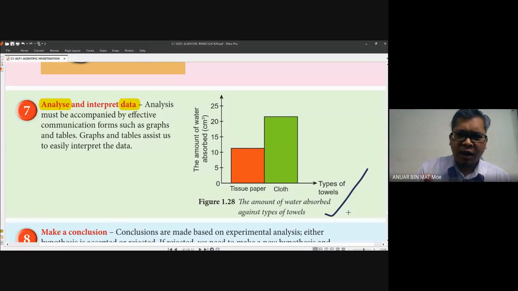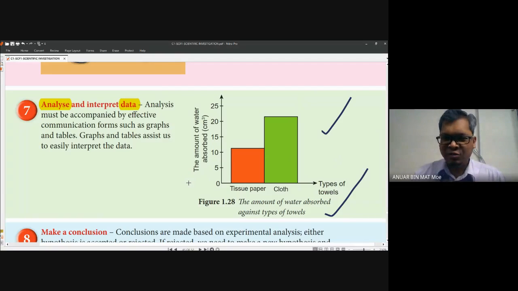There are many types of graph. There are line graph, there are bar chart, and inside here, figure 1.28, this one is the bar chart. Okay, I think you already learned this in primary school, because the evidence or the data you have recorded, you must be able to convert it into a diagram such as the bar chart or the graph here.